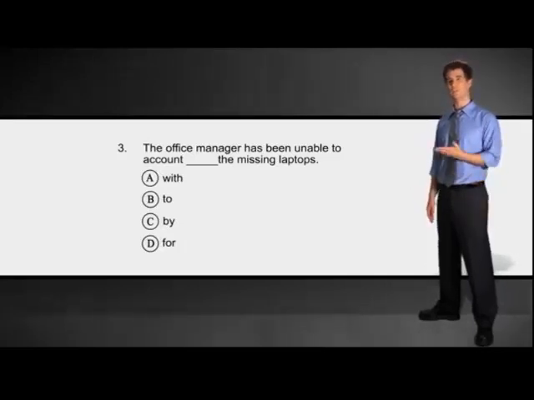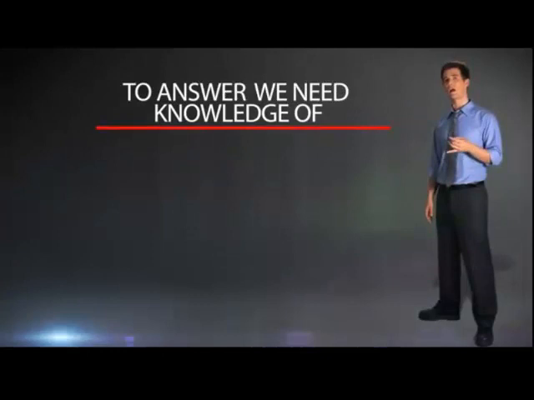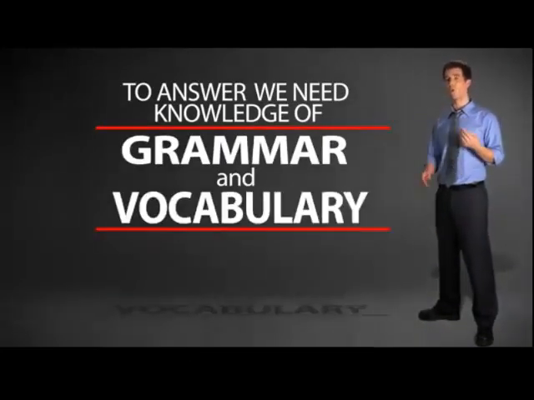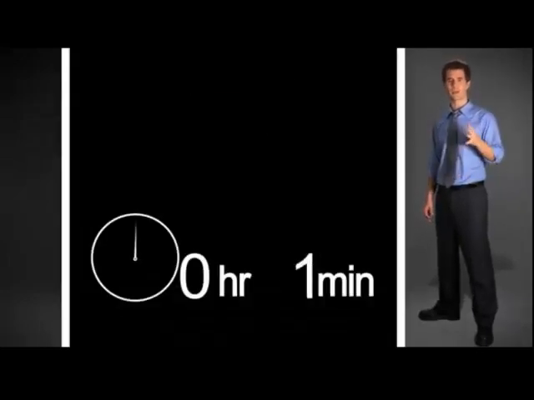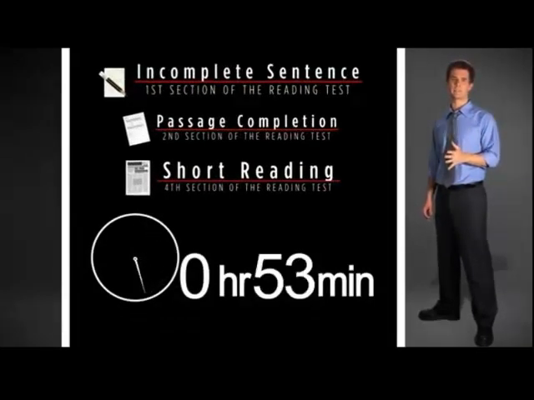Usually, to answer these types of questions, we need some knowledge of vocabulary or grammar. In this section, we will have 40 of these questions. Now, if we can, we only want to spend about 15 to 20 minutes in this section. If you remember, for the whole reading section, we have 1 hour and 15 minutes.